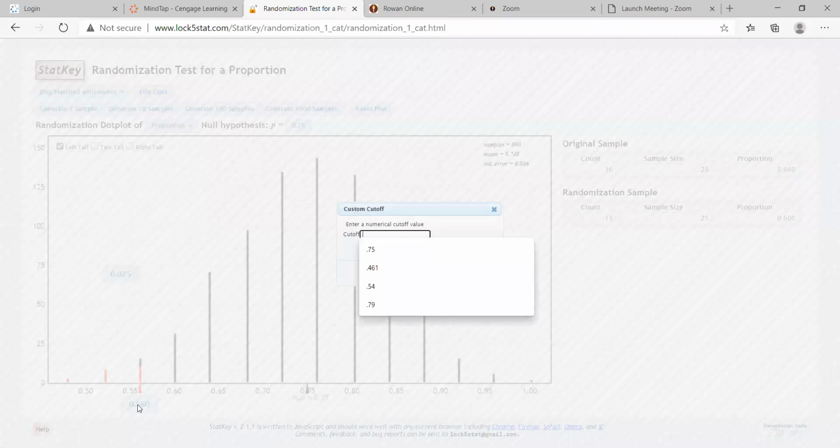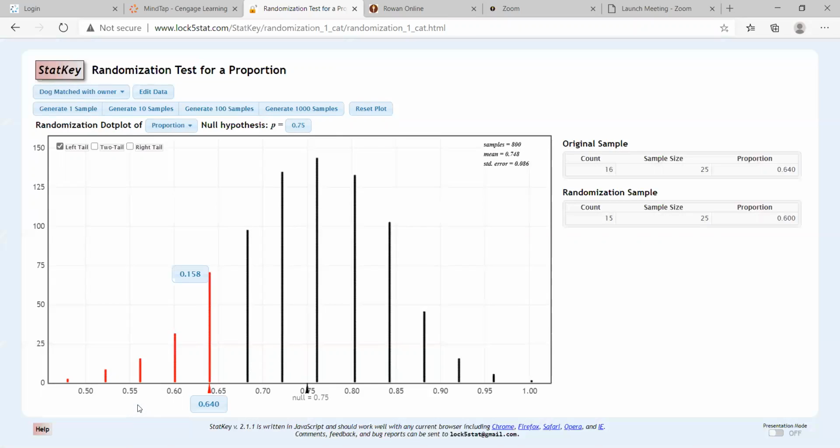Type in 0.64, enter. And therefore, the number up here is our p-value. It's the area, the probability to the left of 0.64. Right, of getting a sample proportion of 0.64 or less than that. Right? That's our left tail test.